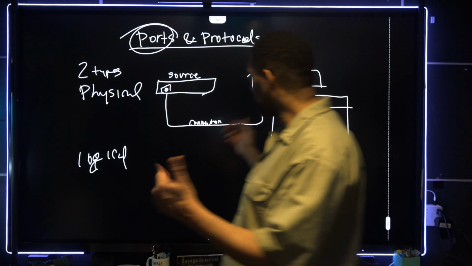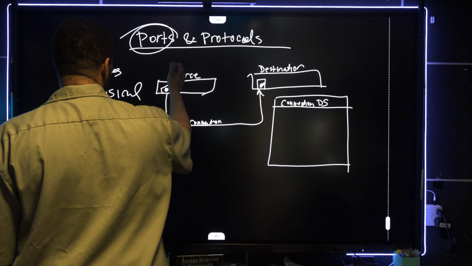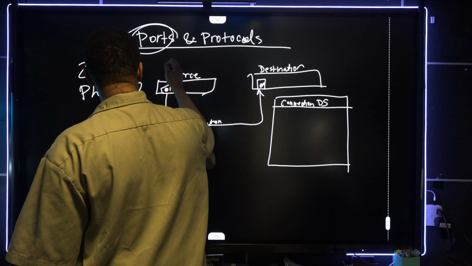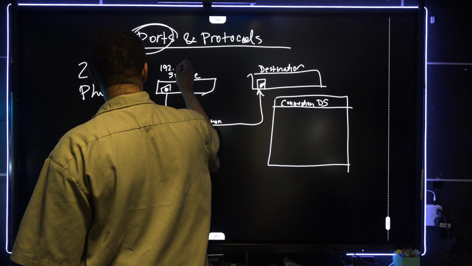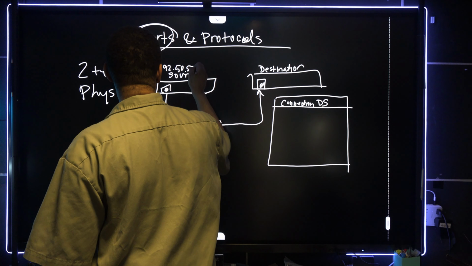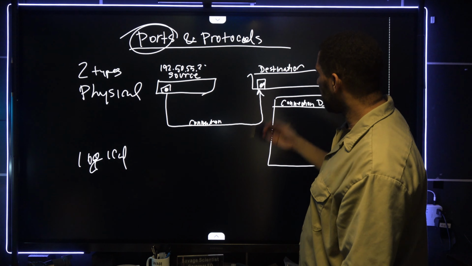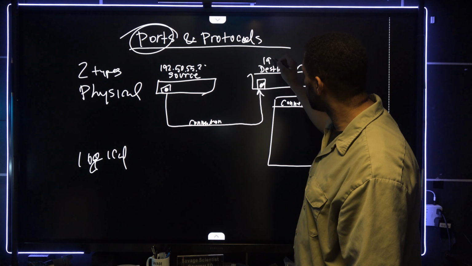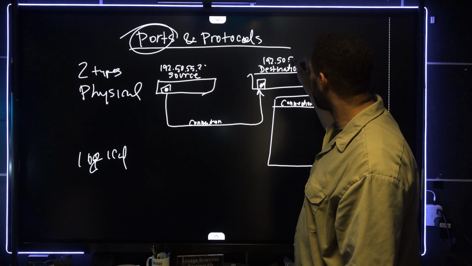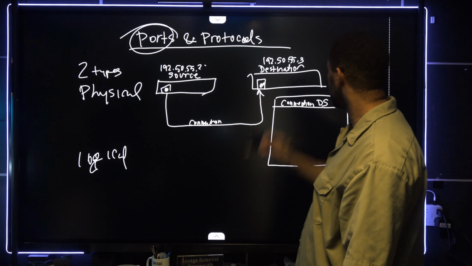So this is important. We're going to have our IP address for the source be, let's say, 192.50.55.2, and our destination IP address will be 192.50.55.3.